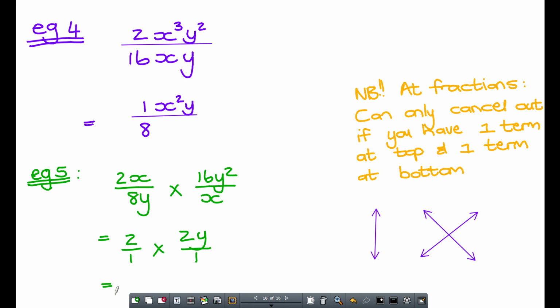So your final answer will be 4y over 1, but that's the same as just 4y. Yeah, you could go directly to the answer. So we get the same answer if we did. Yeah, you would get the same thing. Okay.